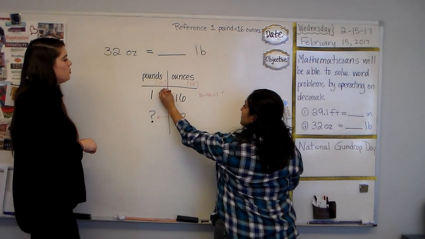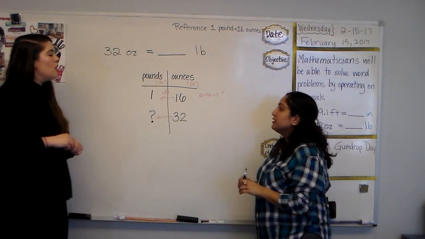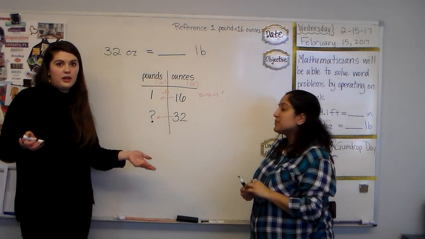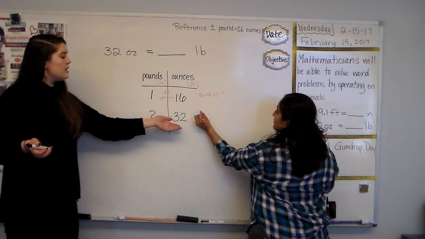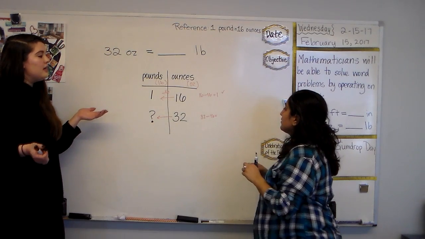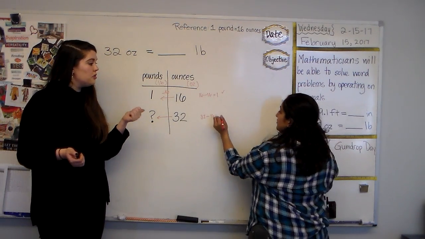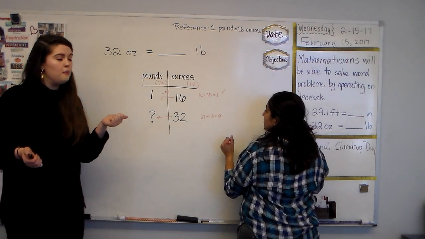So if we divided by 16 to go from ounces to pounds, what should we do for 32 ounces? Well, we have to do the same thing. So we're going to have to divide 32 by 16. 32 divided by 16, I know from my prior knowledge that there are 2 groups of 16 in 32.